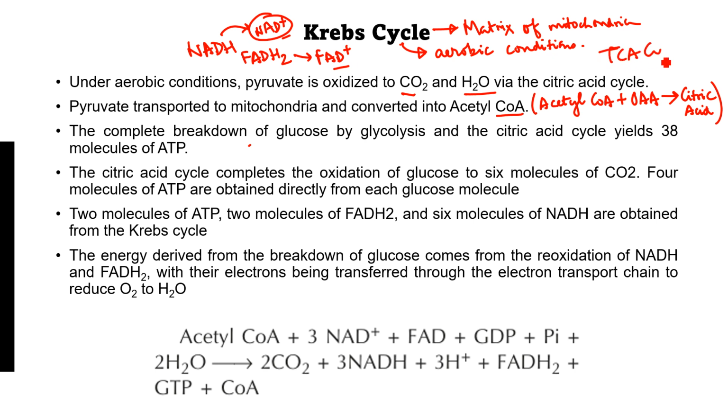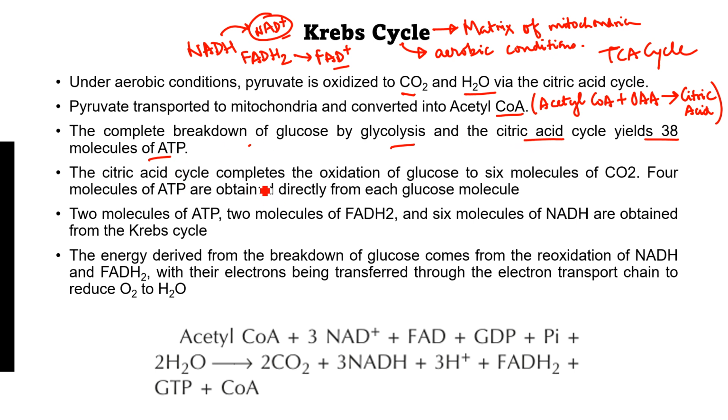Okay, TCA cycle. So the complete breakdown of glucose by glycolysis and the citric acid cycle gives 38 molecules of ATP. Compared to the 2 molecules of ATP generated in glycolysis, or 8 molecules of ATP if we also consider oxidative phosphorylation, from the Krebs cycle we are getting a yield of 38 molecules of ATP.